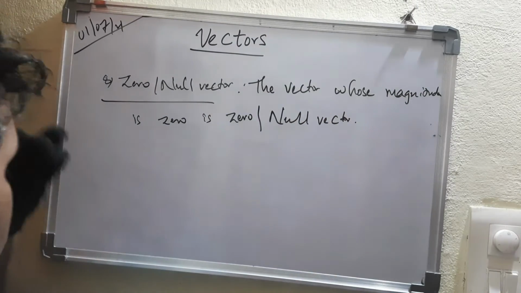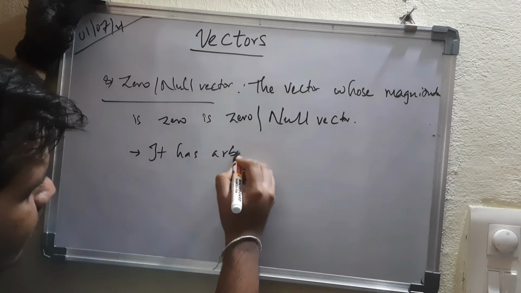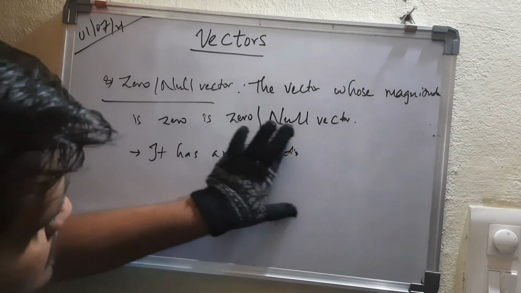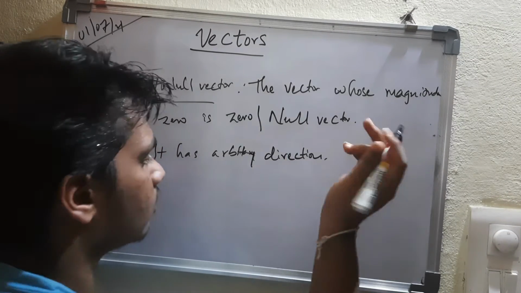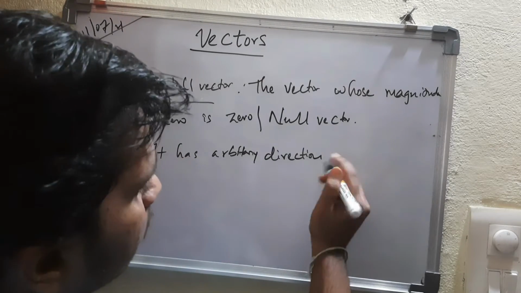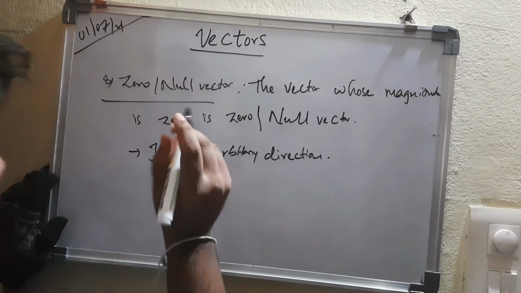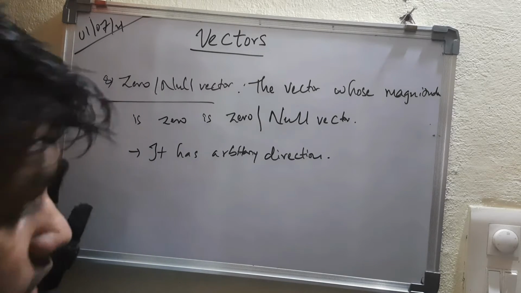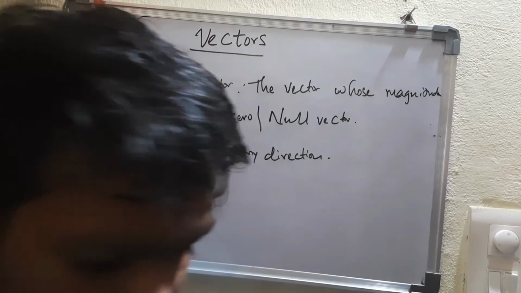Okay, it has arbitrary direction. So these are 8 types of vectors which are very important for the theory part. Note down the definitions and I'll take a break and come. Because I'm sweating, I'll take a break and come. Okay.